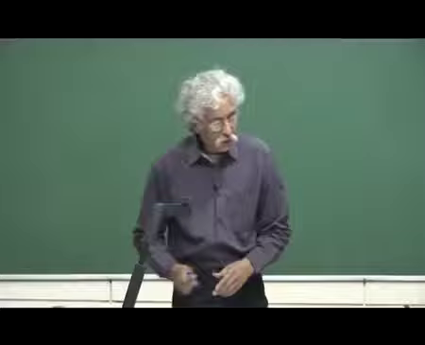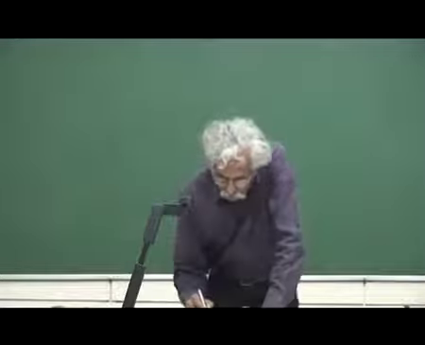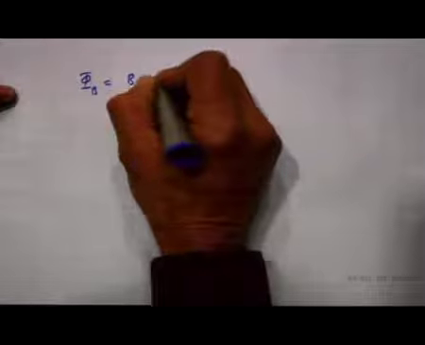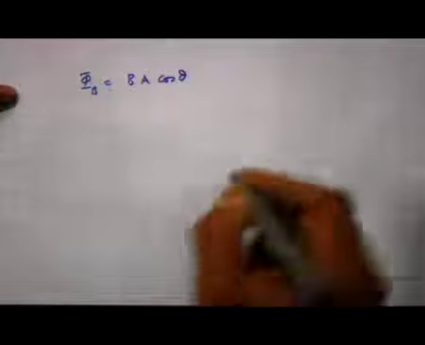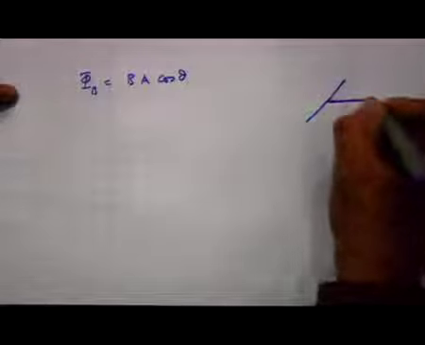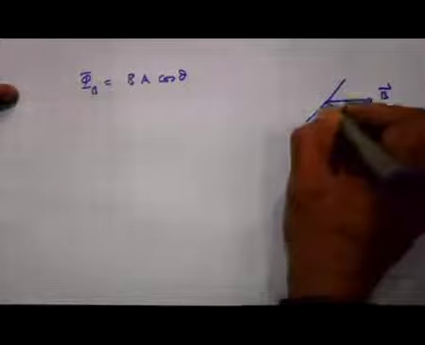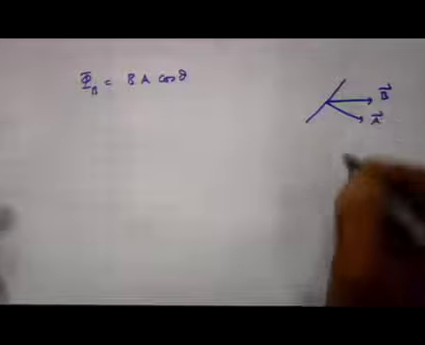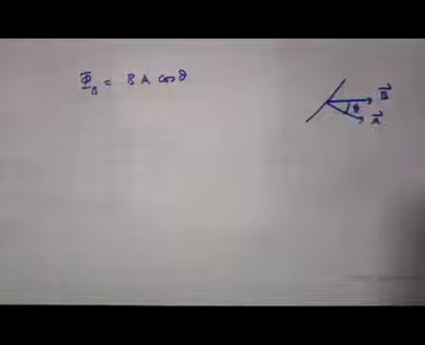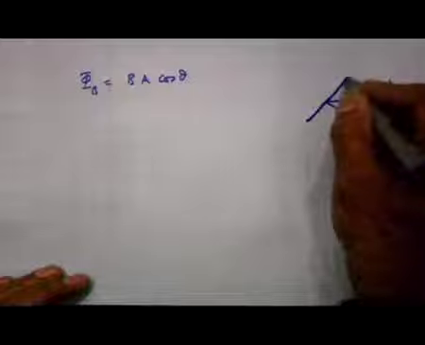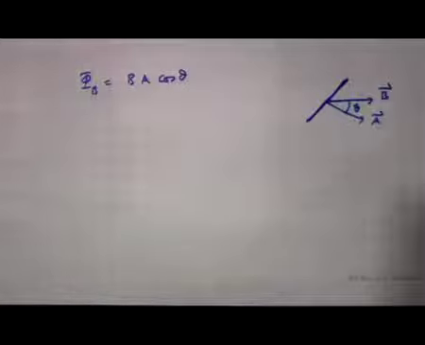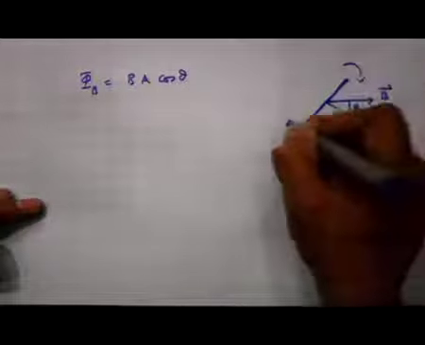So, I can actually write an equation. The magnetic flux phi B is B times A cos theta, where let me assume that this is my coil, this is the magnetic field direction, this is the area vector, and this angle is theta. That is a side view of the coil, and this coil is rotating as a function of time.